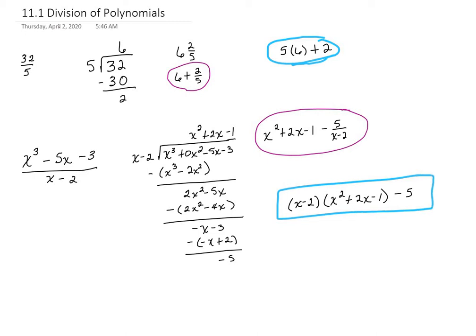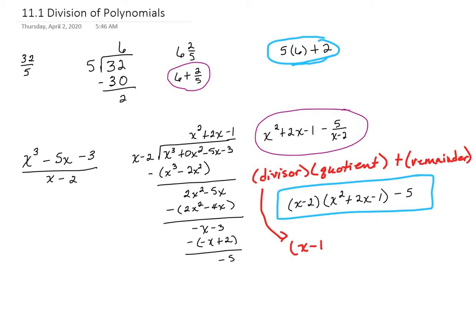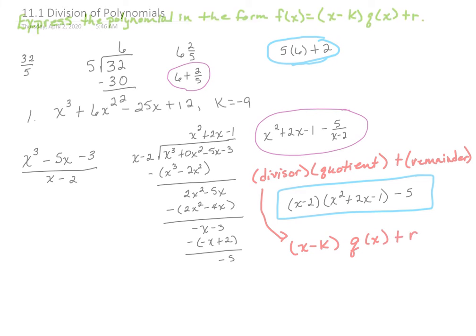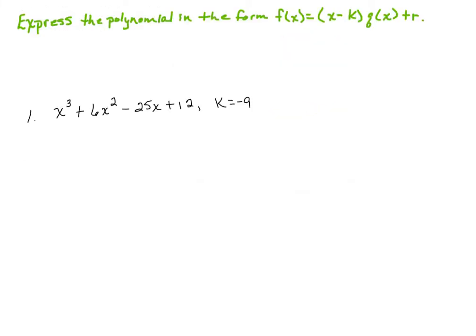One more thing about this is that we say that this is in the form of the divisor times the quotient plus the remainder. In your homework, you may also see it written like this: x minus k times q of x plus r. Okay, we're going to be doing some examples here.